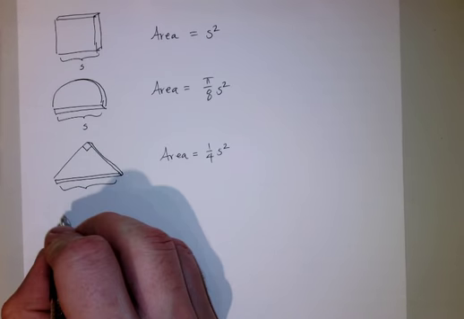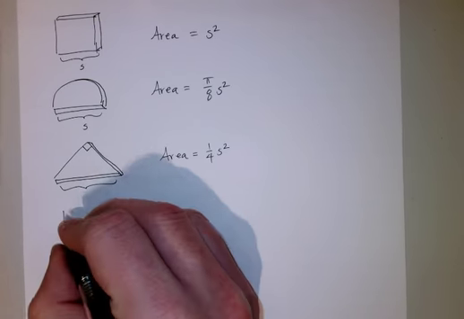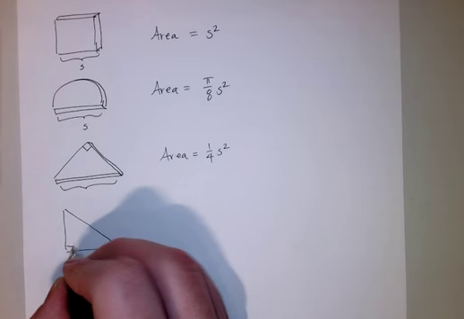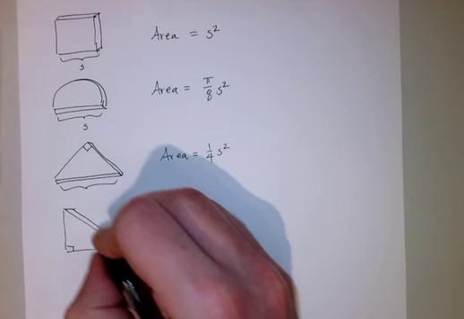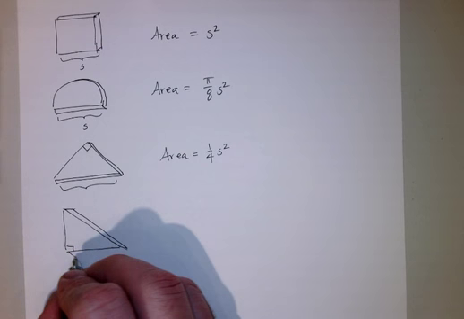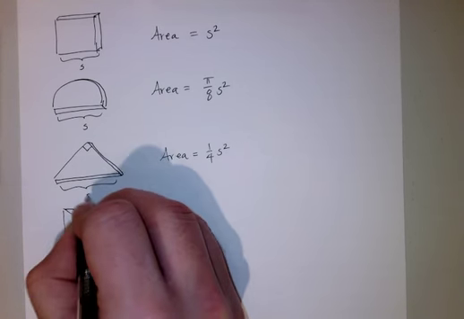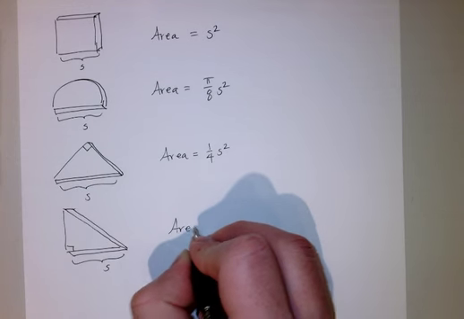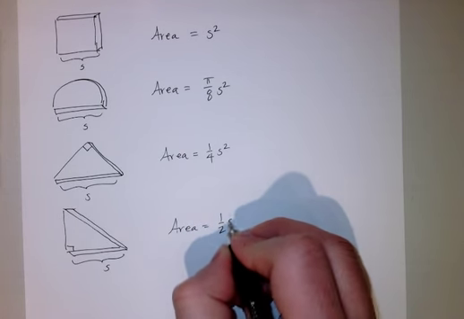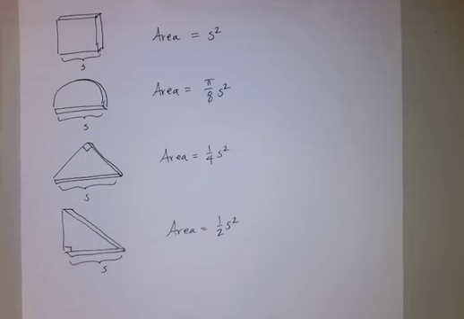Well, isosceles right triangle with the leg down winds up being a little bit even easier than that, because if this is s, the area of this is half of a square.